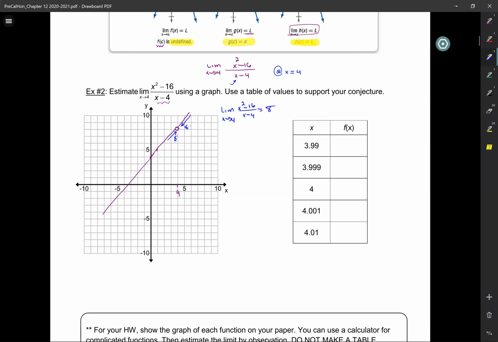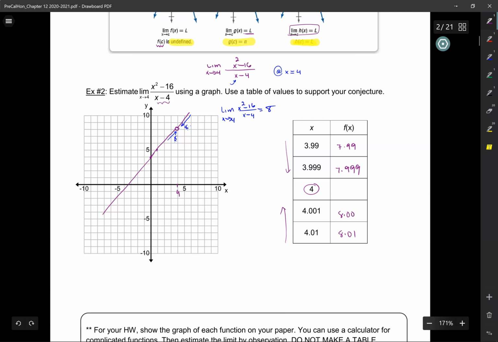Now let's try it with the table of values. Here is my number 4. As I move closer to 4 at 3.99, my y value is 7.99. Here, my y value is 7.999. And if I move closer here at 4.01, the y value is 8.01.